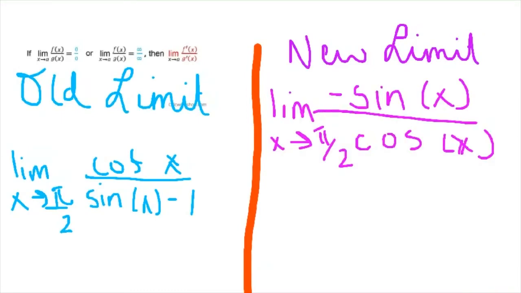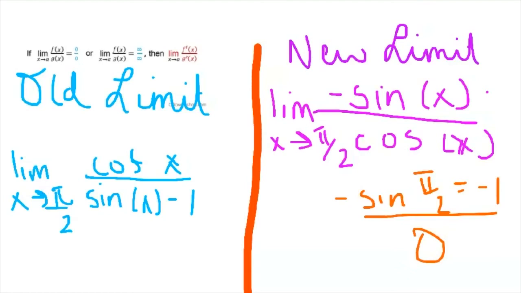The derivative of the numerator, cosine x, is negative sine x, this we know, and the derivative of the original denominator, sine x minus 1, is just cosine x, because the derivative of all constants is 0. Now we plug in pi over 2. Negative sine of pi over 2 equals negative 1, and on the denominator, the cosine of pi over 2 is 0.